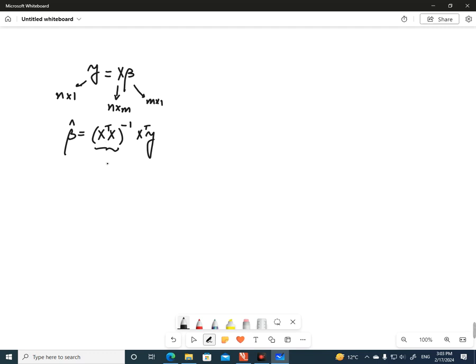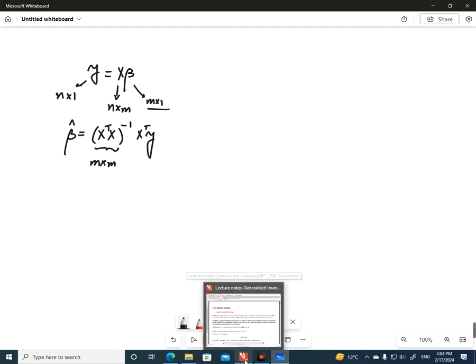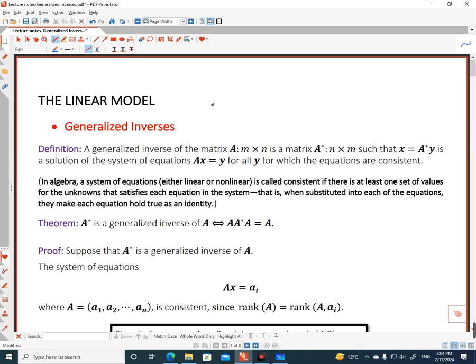Remember here, X prime X is of dimension m by m, and we have m parameters. So if X prime X is rank deficient and the rank is not equal to m, then it's not invertible. And in this case, we can approach generalized inverse.